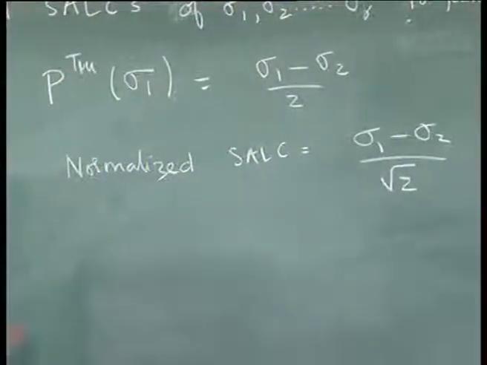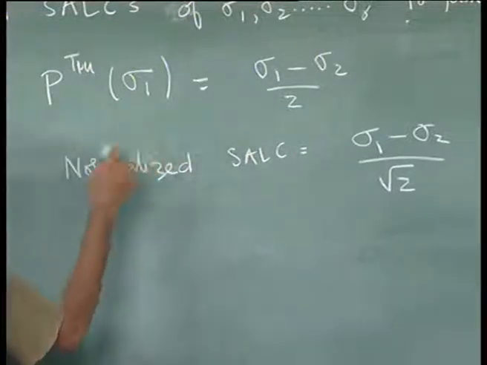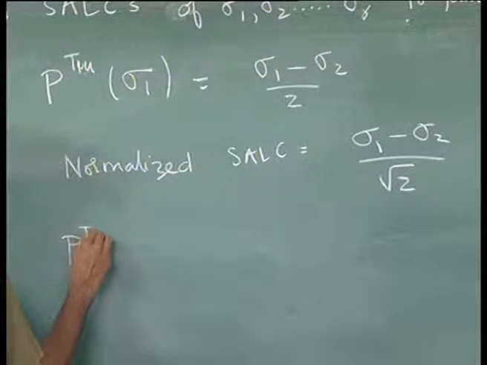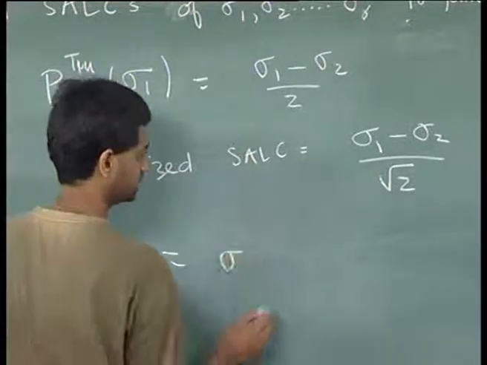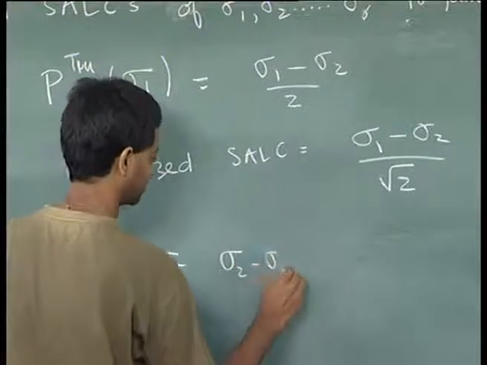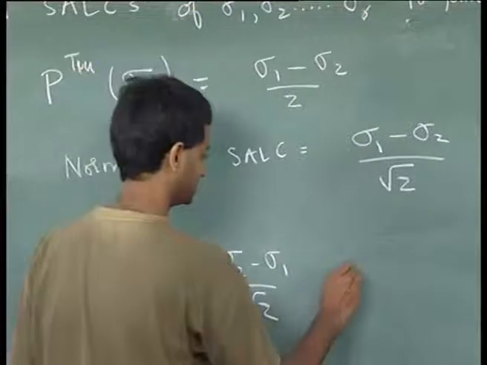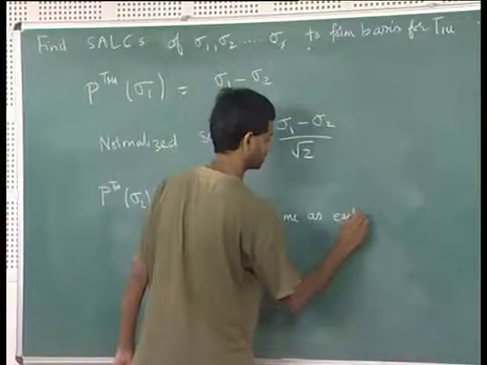Now it's not hard to show. You can go through the same exercise, but it's very obvious from the symmetry that projection of T1u onto sigma 2 will just give me sigma 2 minus sigma 1 by root 2, which is the same as earlier.